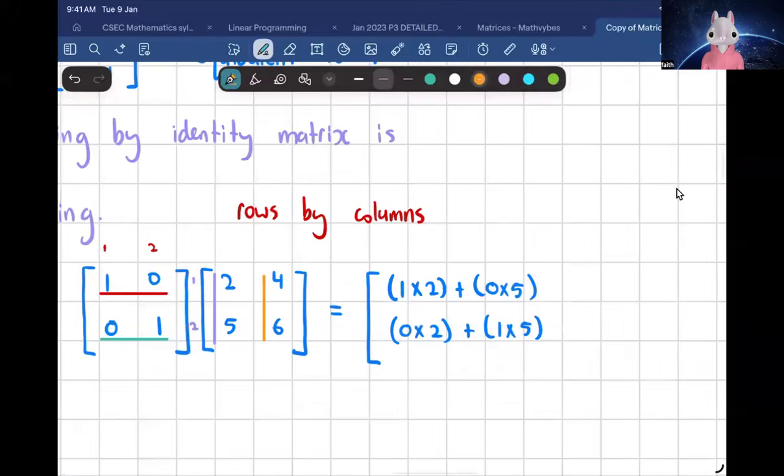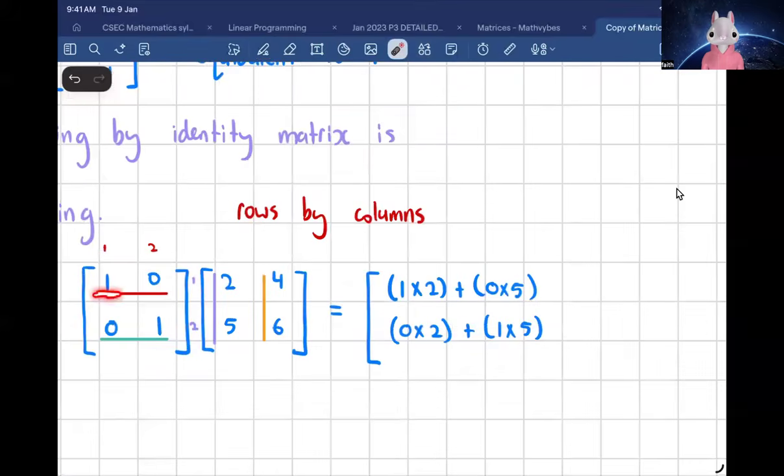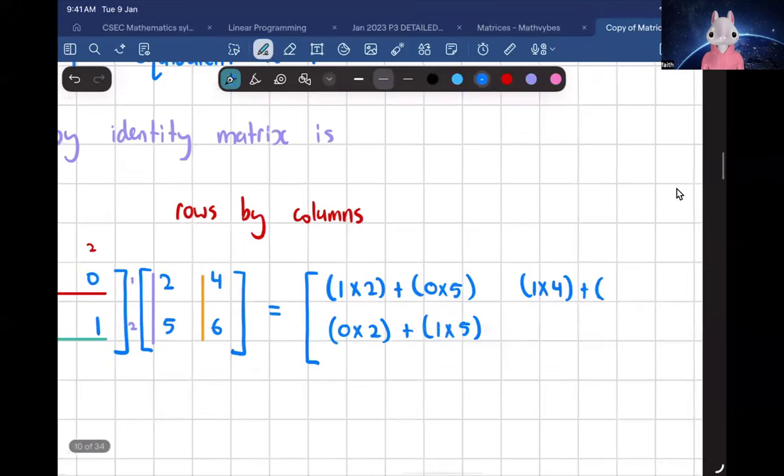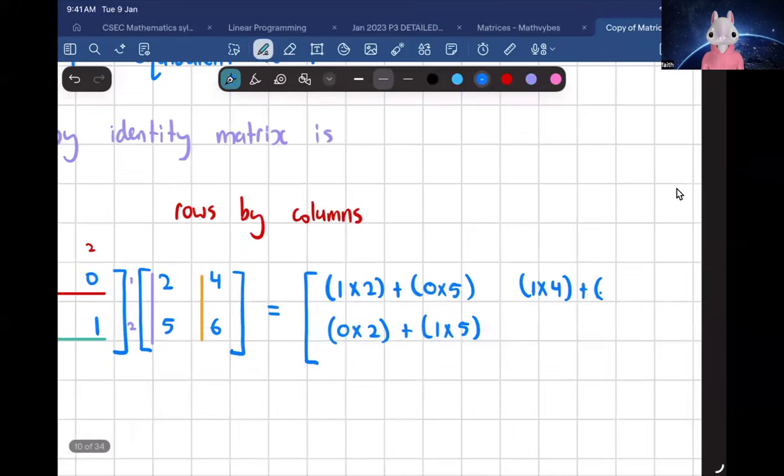And it's the same procedure. What's the first one here? 1. And the first one here is 4. So we're going to multiply 1 by 4 and then plus 0 by 6.